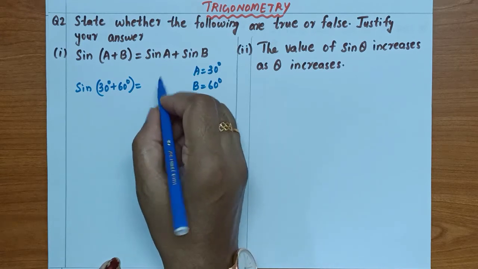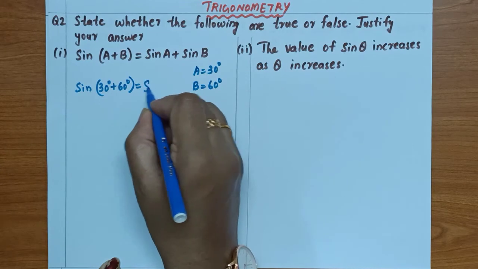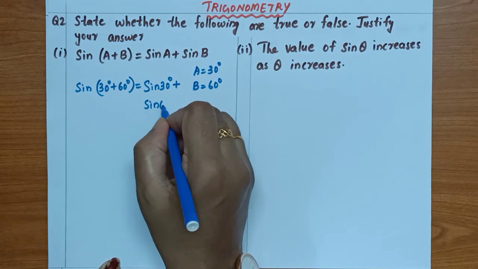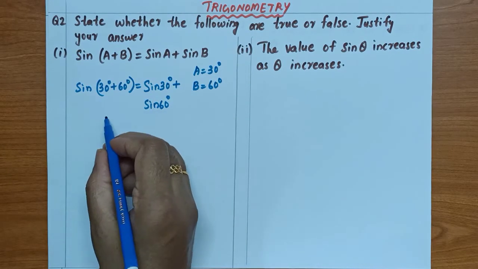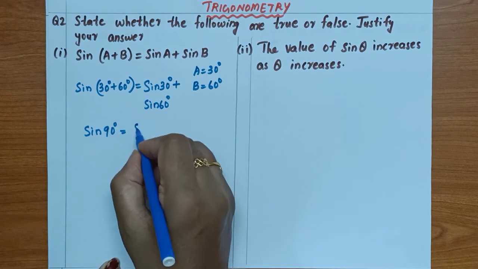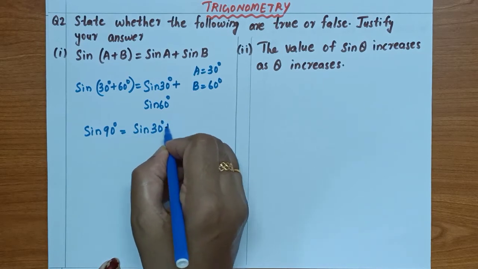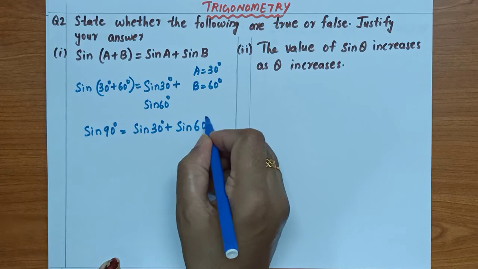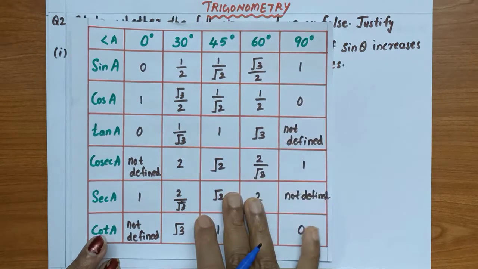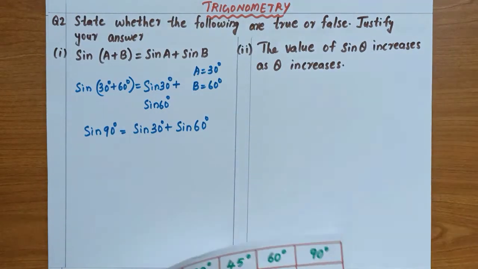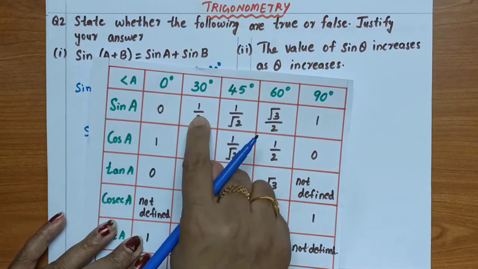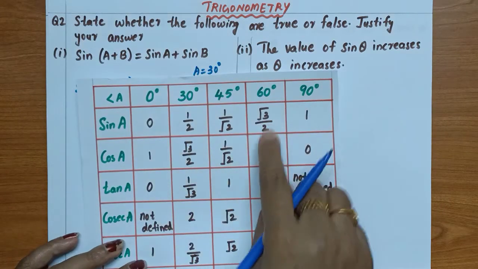That is sin 90 degree, equal to sin 30 degree plus sin 60 degree. What is sin 90 degree? Sin 90 degree is 1. Sin 30 degree is 1 by 2, and sin 60 degree is root 3 by 2.